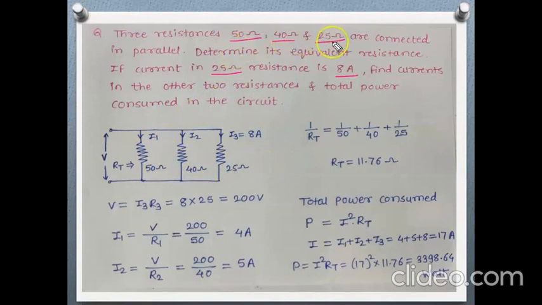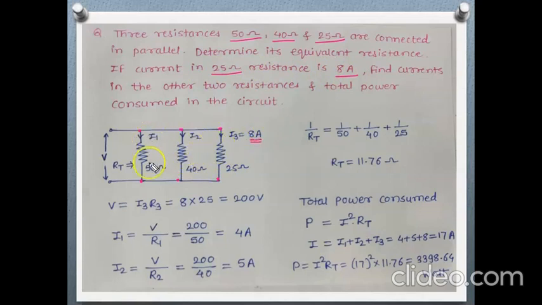So 50, 40 and 25 ohm are connected in parallel, so they are drawn parallel to each other between these 2 points. These 3 points are the same and these 3 points are the same. Now given that the current in the 25 ohm is 8 ampere, the current flowing through this 25 ohm, which we named I3, is 8 ampere.